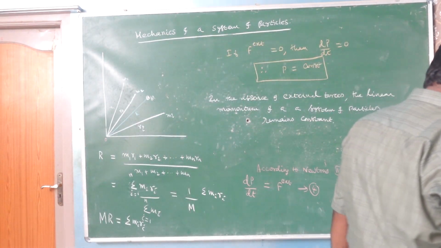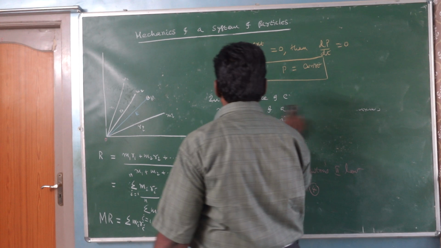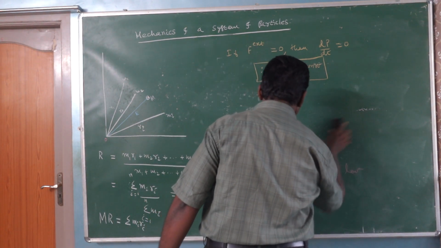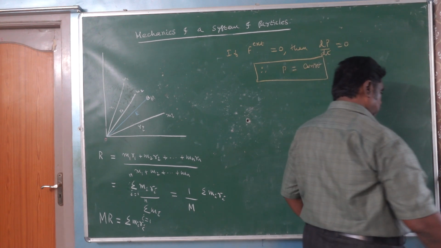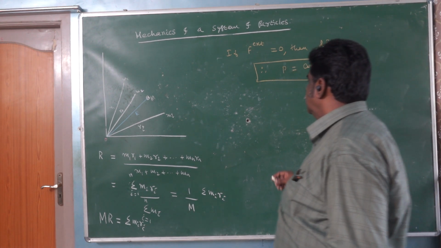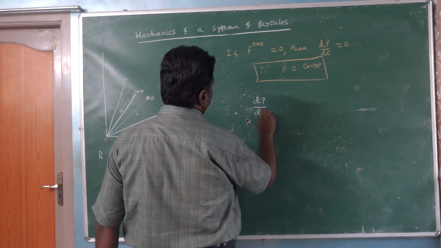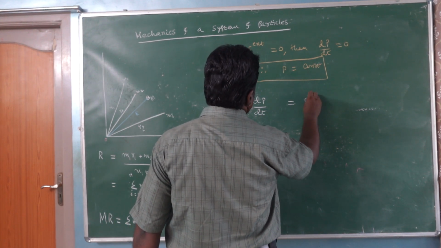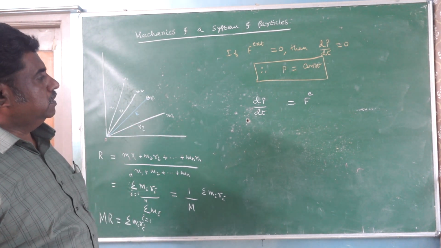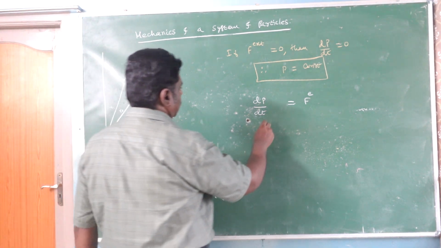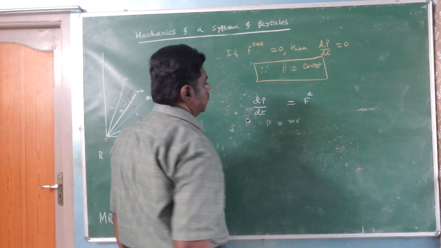Now we may approach the same problem in terms of center of mass. See here, according to Newton's second law, dP by dt equal to F external as far as this case is concerned, but P equal to m into v.